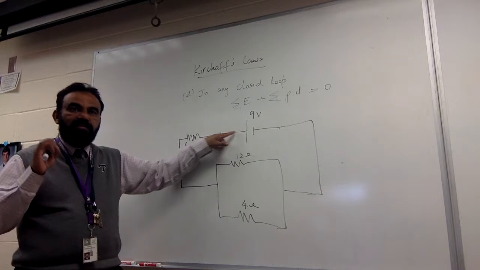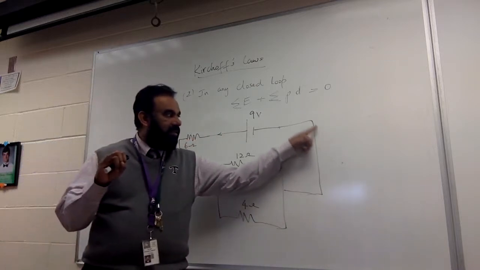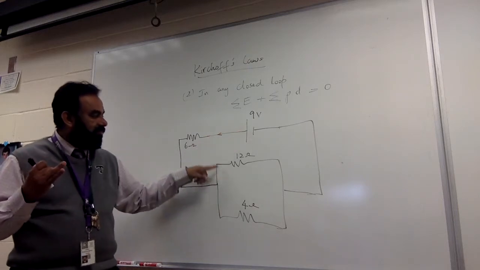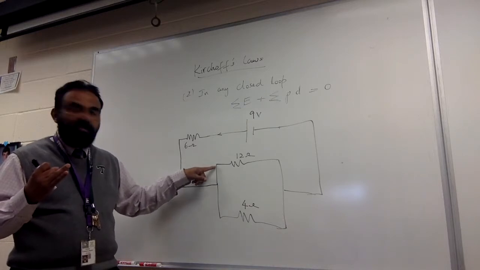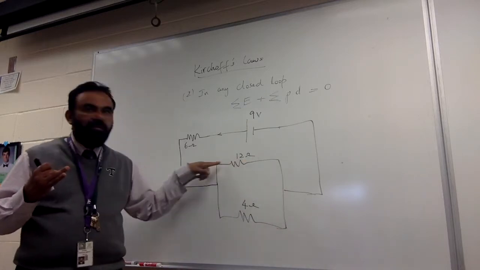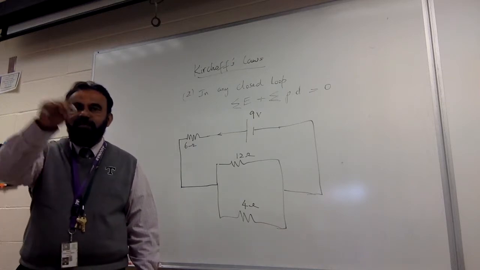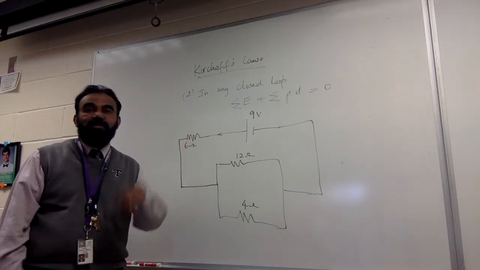If I start from here, go like this, like that, that's the next closed loop. If I start from here and go like this, that's the 3rd closed loop. Closed loop simply means a completed circuit. There are 3 closed loops here.